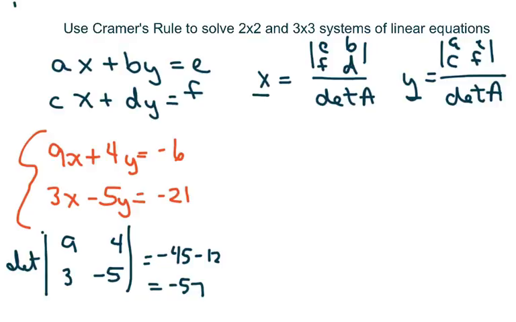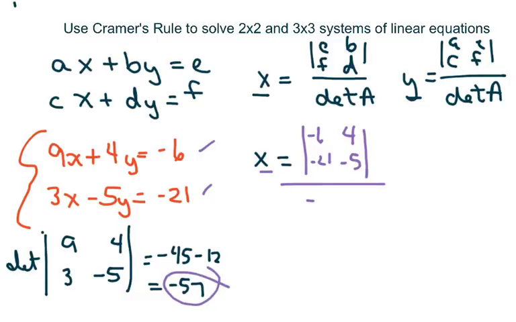Now I have to find x. So x is going to equal, let me do a different color, for my x, I'm going to put in my y values, which is 4, negative 5. But since I'm solving for x, I'm going to put in these two values, which is negative 6, negative 21, all over my determinant of A, which is negative 57.